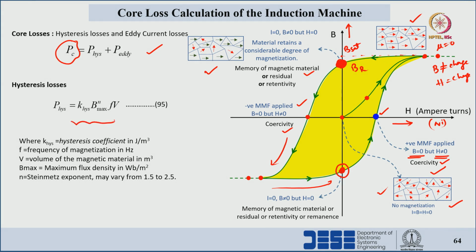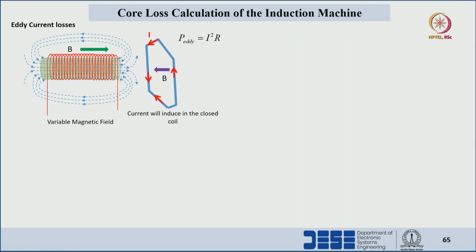The general equation for hysteresis losses is equal to hysteresis coefficient into maximum flux density power Steinmetz constant and frequency into volume. Next we will discuss the eddy current loss component.